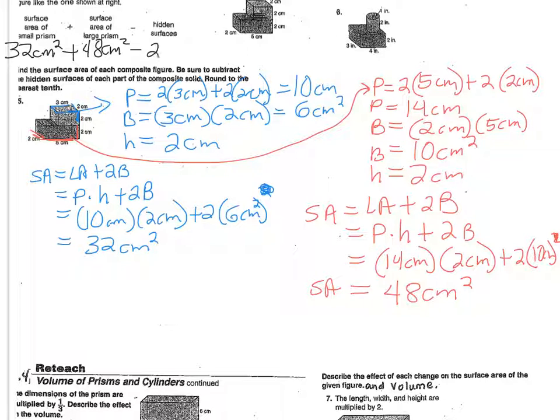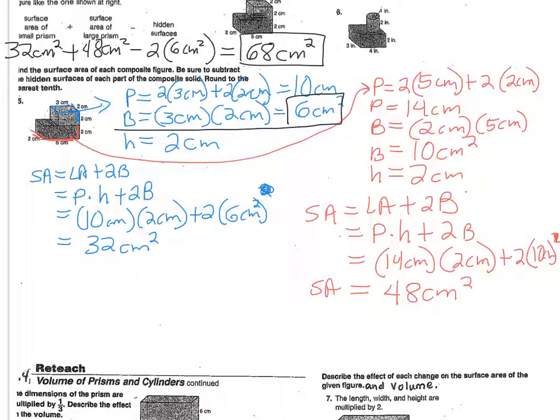So it's 2 times the area of the base, and this base is 6 square centimeters. So we add 32 plus 48 is 80, minus 2 times 6 is 12. So 80 minus 12 would be 68 square centimeters. And that would be the surface area of that composite figure.